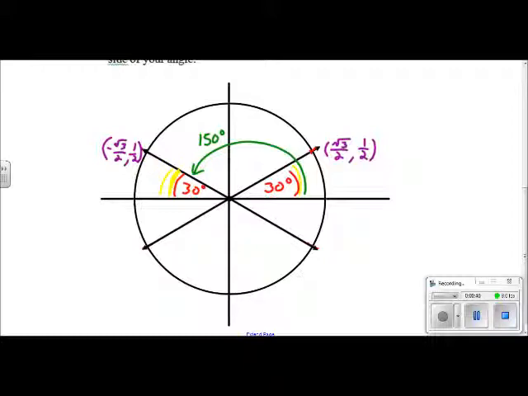Now looking back at our unit circle then, our 150-degree spot and our 30-degree spot, they both end up at points on the edge of the circle like this where the coordinates actually correspond. Here we have a root 3 over 2 as our x-coordinate. Here we have a negative root 3 over 2 as our x-coordinate.